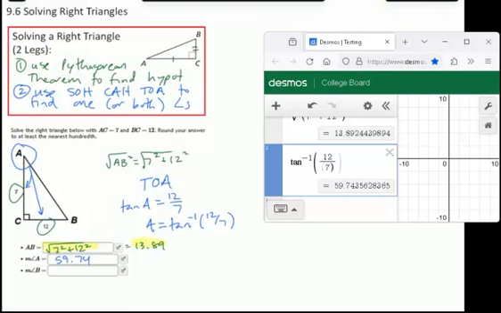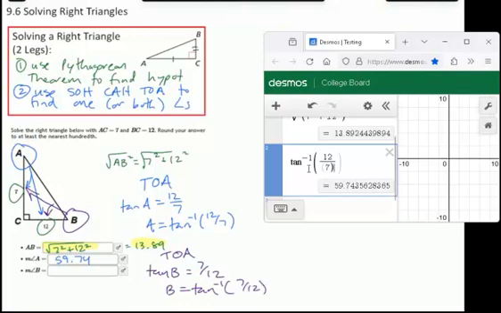Okay, so there's angle A, and then if you wanted to, you can set up a trig ratio to find angle B. So one option for that would be, with respect to B, we have opposite and adjacent. So again, opposite and adjacent is TOA. So you could say tangent of B is equal to opposite 7 over adjacent 12, which means if we're finding B, we can take the inverse tangent of that.